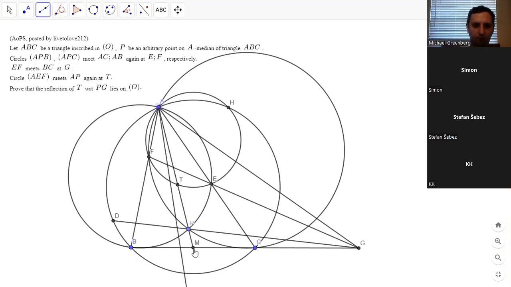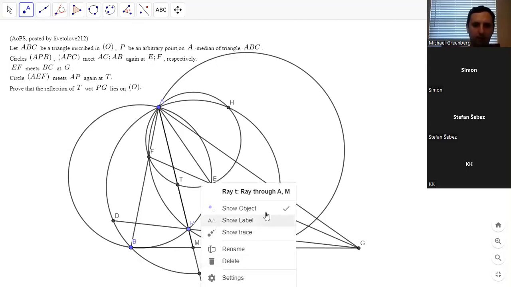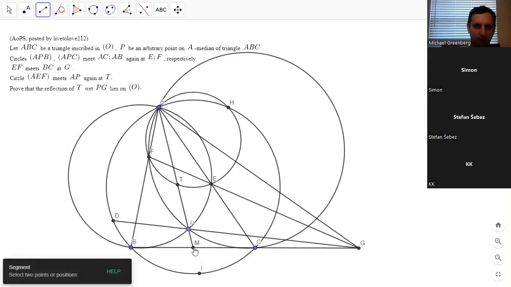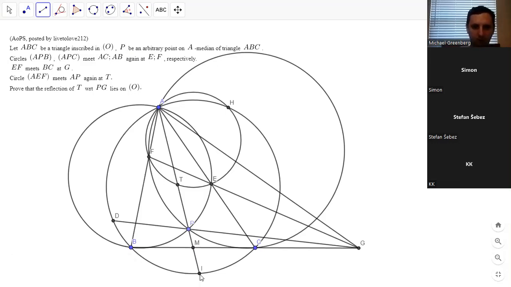So we just want to show HBC, and this HBCI is harmonic. No, just project to line BC. Oh, BCM. Okay, so we want to show AH is parallel to BC. And maybe that's just an angle chase. Angle HAE.